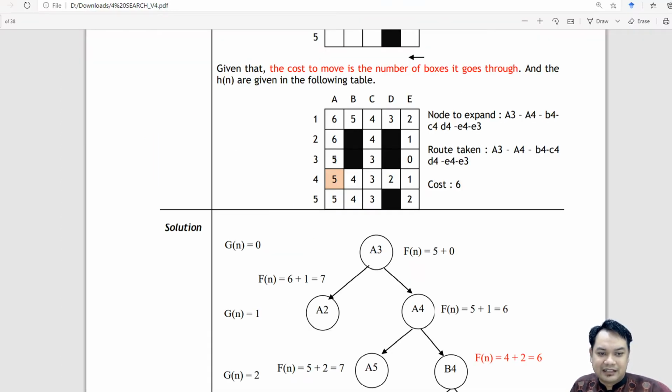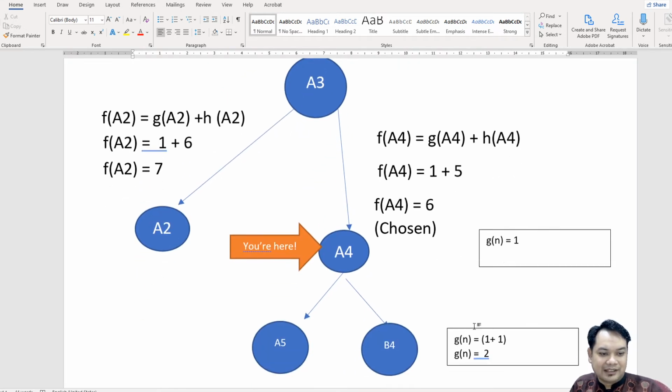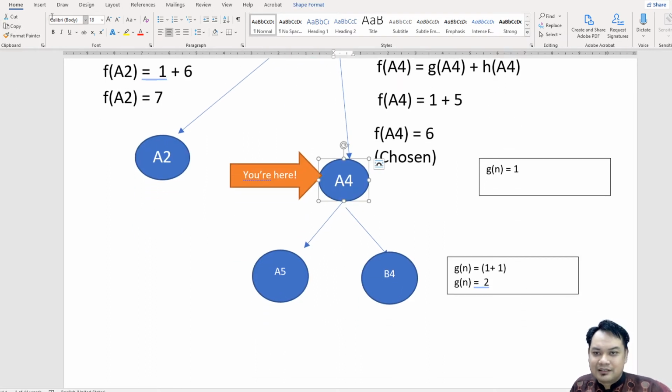Jadi, cost dia 1 plus 1 lah. So Gn dia 2. 1 sebab dia start kepada A4. A4 ke A5 ataupun B4 is another plus 1. So, Gn is 2. So, how to calculate it?